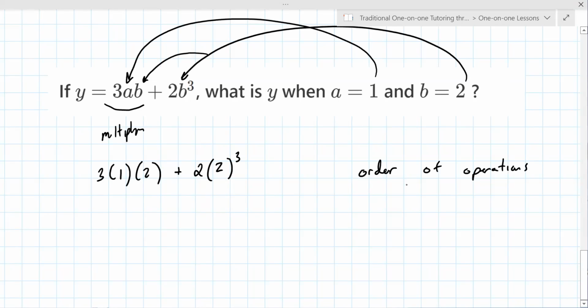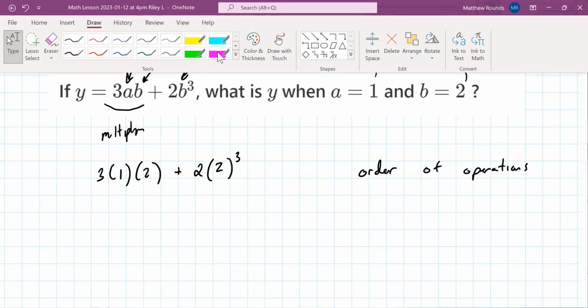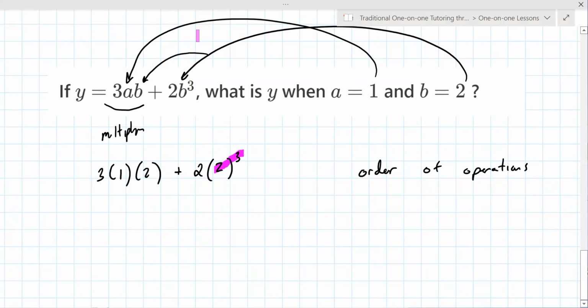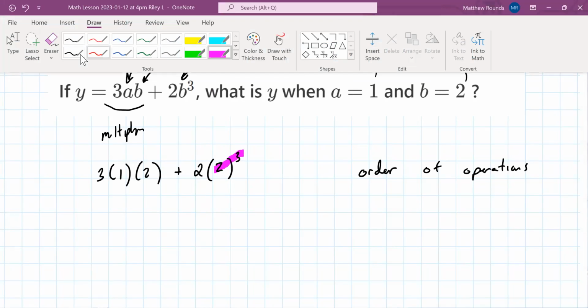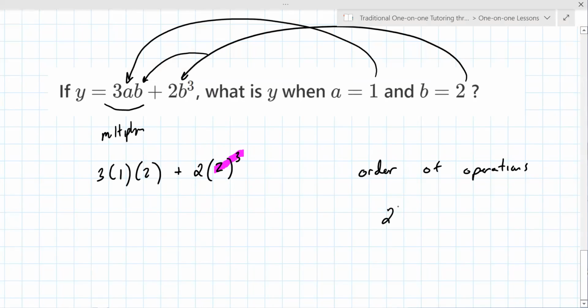So order of operations says that you will first evaluate the exponent. That is 2 to the power of 3. What that means, I'll just write off to the right here, is 2 times 2 times 2, which is 8. And on the left here, you multiply before you add.